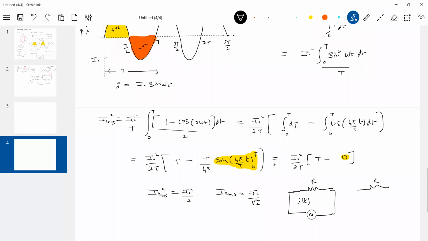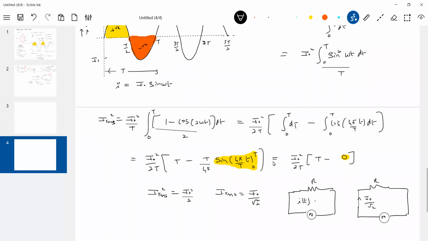Now in an interval of time 0 to capital T, consider the heat generated by the sine wave signal. The same amount of heat can be generated if I send a current of magnitude I naught by root 2 for the same interval of time 0 to capital T across the same resistor.